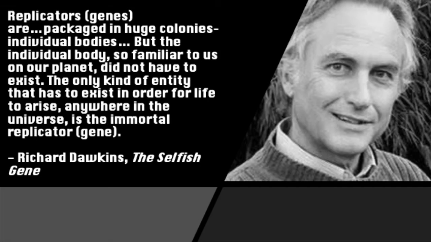One scientist who is really influential in this selfish gene way of looking at evolution is Richard Dawkins. In his book, The Selfish Gene, he says replicators, genes, are packaged in huge colonies, individual bodies. But the individual body, so familiar to us on our planet, did not have to exist. The only kind of entity that has to exist in order for life to arise anywhere in the universe is the immortal replicator.